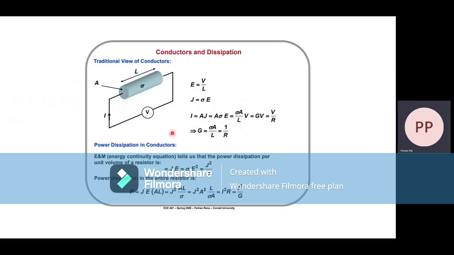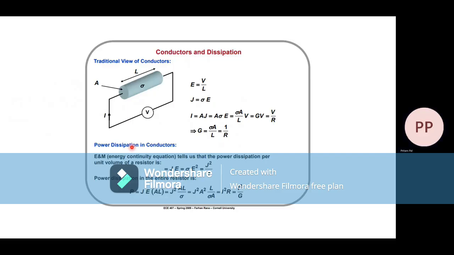This depends on certain parameters and conditions of the system, like temperature and the material that we are using. So now, how is the power dissipated in the conductor? The amount of power dissipation we can easily calculate from here.